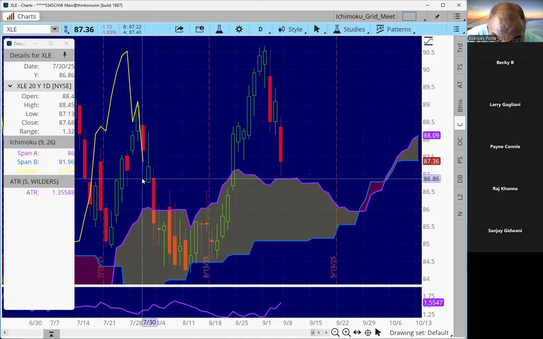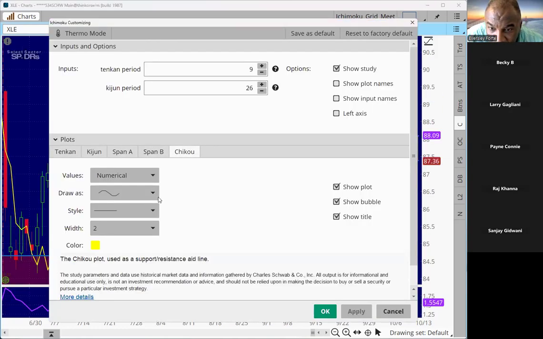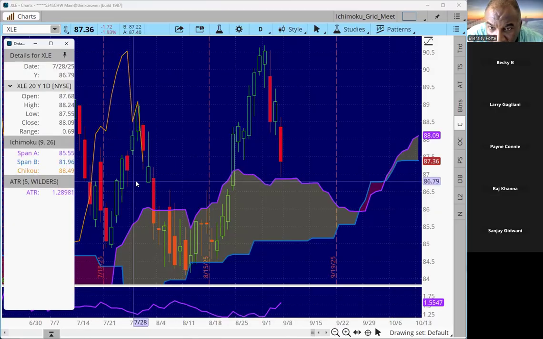When I go back here, I'm going to change the color so you can actually read it. You can't read the yellow here, so I'm going to change the Chikou color to a different color so you can read it. Let's make it that color. Apply. Okay.